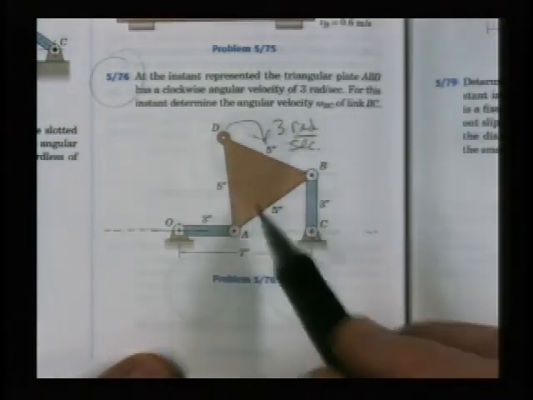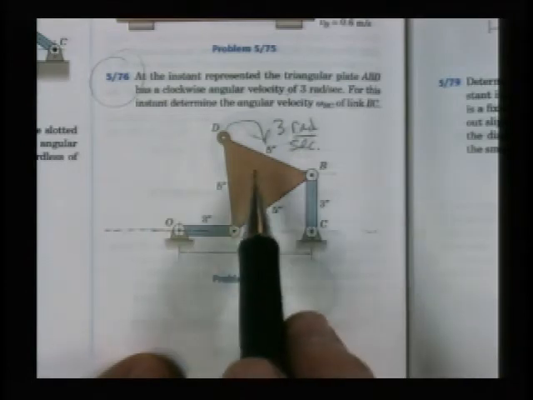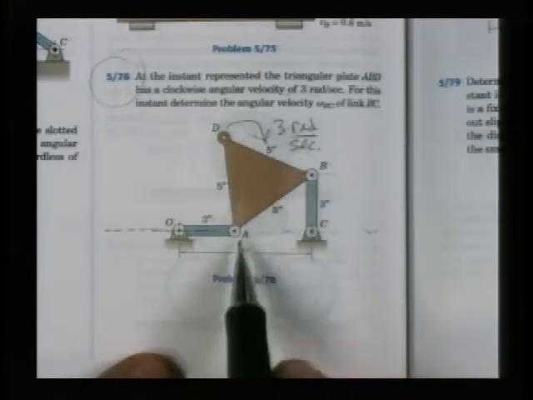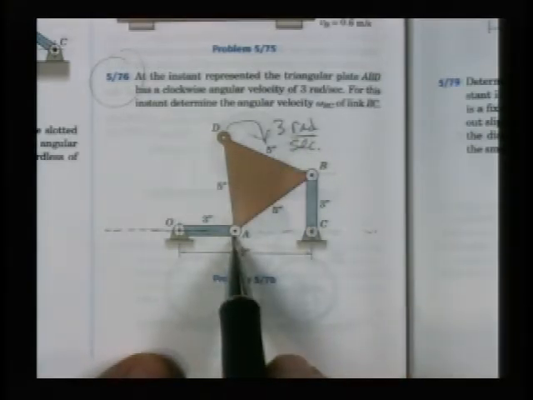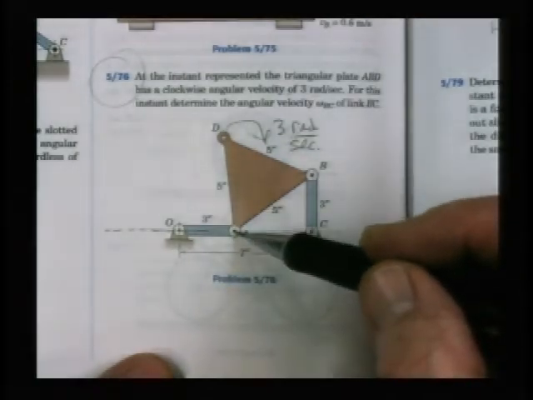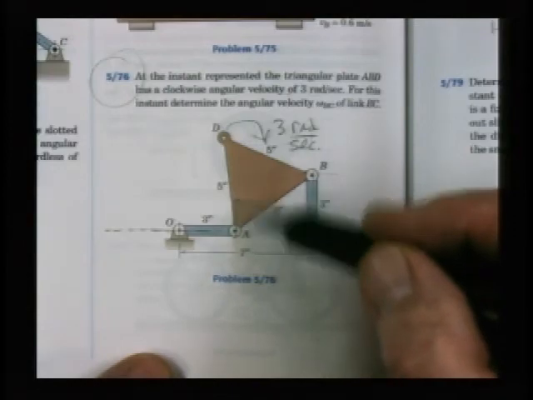So, we know something about this plate. What do we know about the motion of A, given this geometry? Its velocity is up or down?